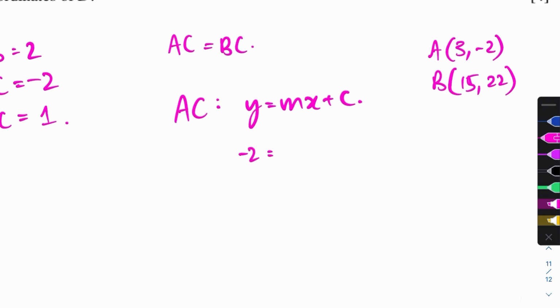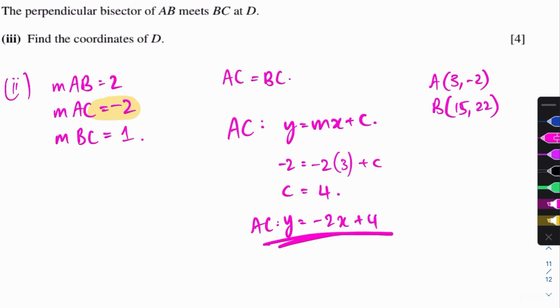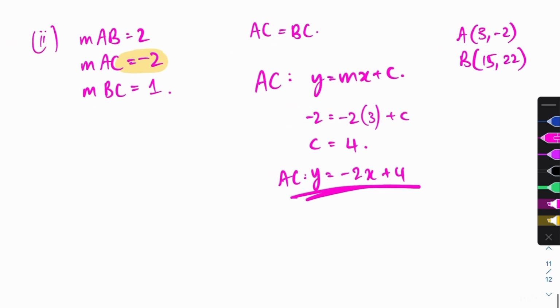So minus 2 equals, our gradient is also minus 2, minus 2, our x value is 3, plus c. c equals 4. So our equation for AC is y equals, our m is minus 2x plus 4. So that's our AC equation. Now we need to find BC's equation.